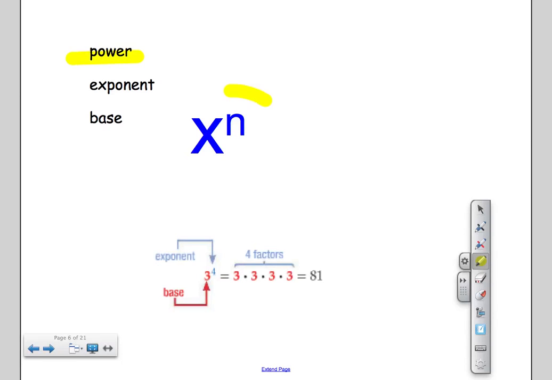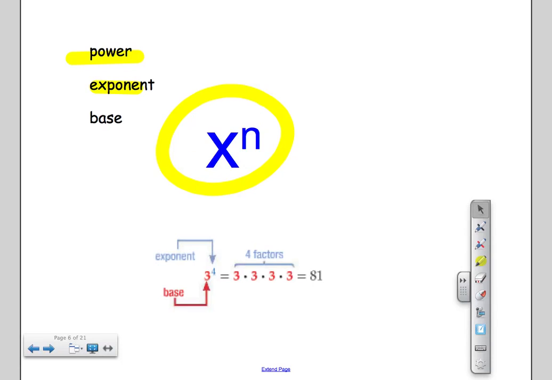A power is the whole thing. All right? It's when we express something in a power. The exponent is n, the number of times we're using the base, right?